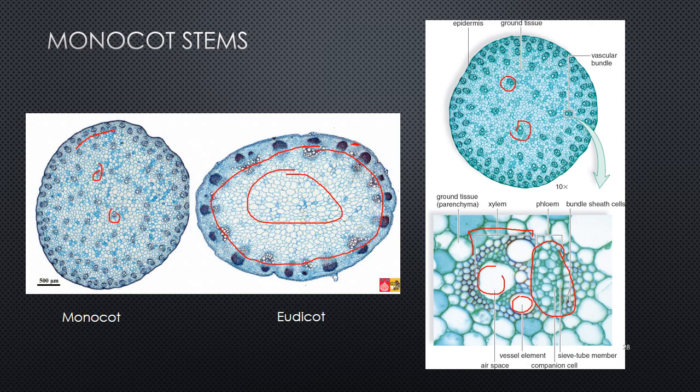So if we look at just one singular bundle, this section towards the inside is the xylem, and the section towards the outside is the phloem. Our xylem is always towards the inside, whether it's monocot or dicot, and the phloem is always towards the outside. But the way those vascular bundles are arranged throughout the tissue of the stems is different between monocots and dicots.